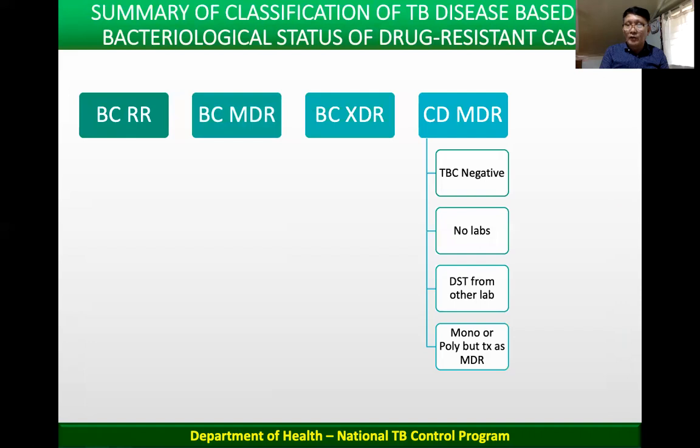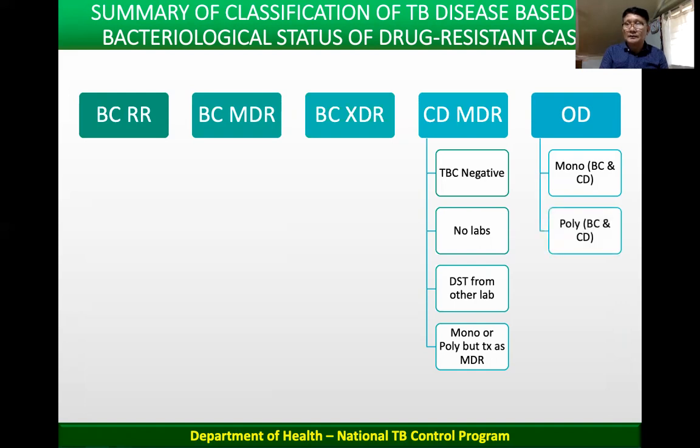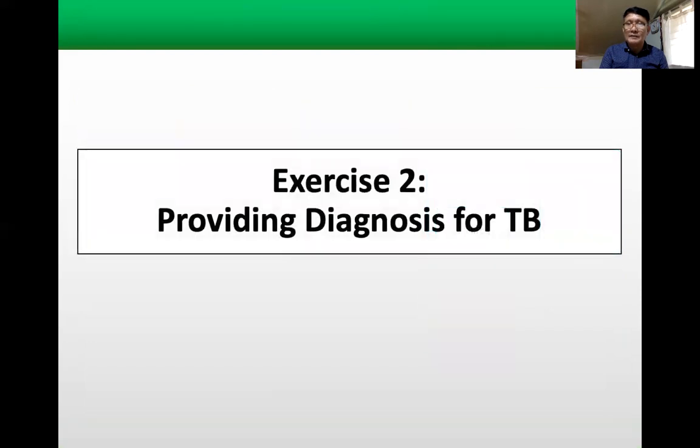It could be mono or poly, but treated as MDR. Now for other drug-resistant, we have the mono, BC and CD. We have also the poly, BC and CD. Then the serious adverse drug reaction to rifampicin.